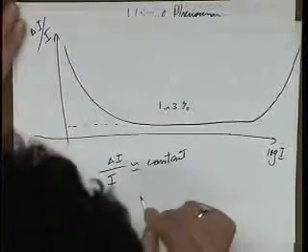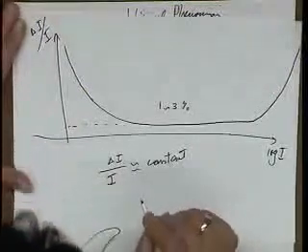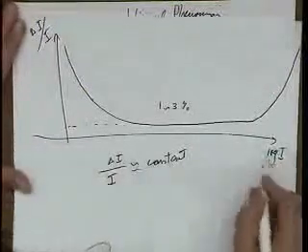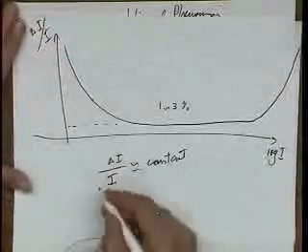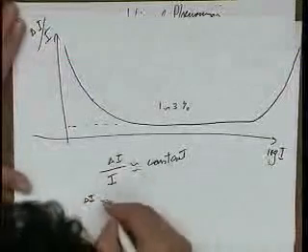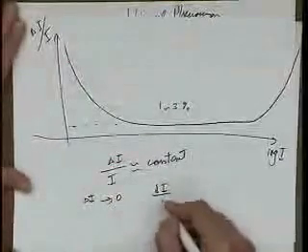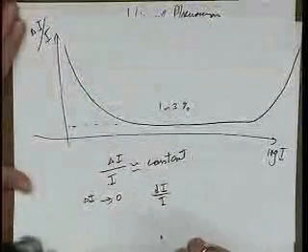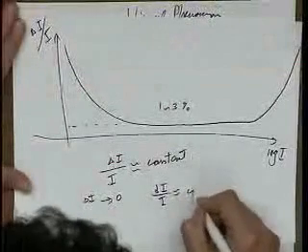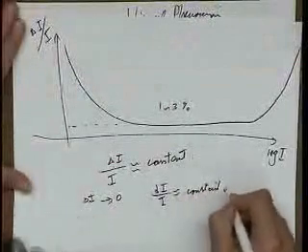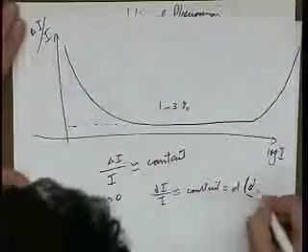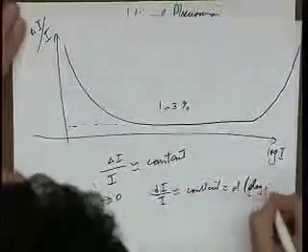And because there's a log here, if I let delta I go approximately to 0, then I can rewrite this as saying dI over I is approximately constant, which is also d of log I. Okay.